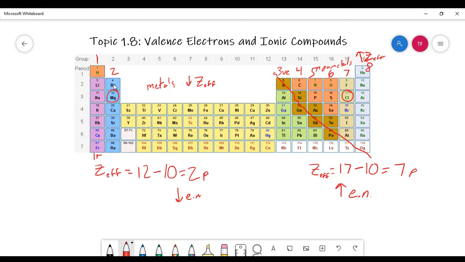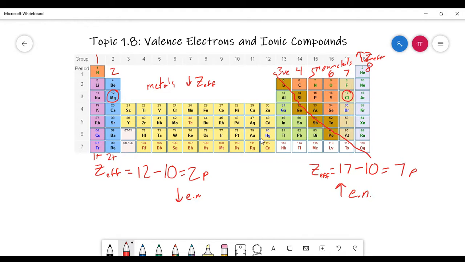The second column, the alkaline earth metals, have 2 valence electrons. So if they lose 2 valence electrons, like magnesium loses 2 valence electrons, it becomes isoelectronic with neon, has the same electron configuration as neon, which makes it more stable. So then it will have a 2 positive charge. So all the elements in the alkaline earth metals have a cation charge of 2 positive.